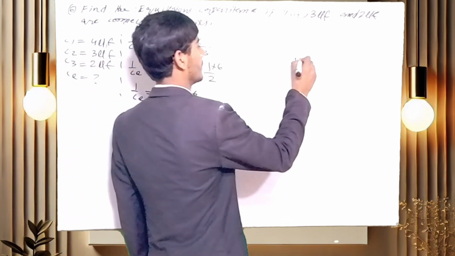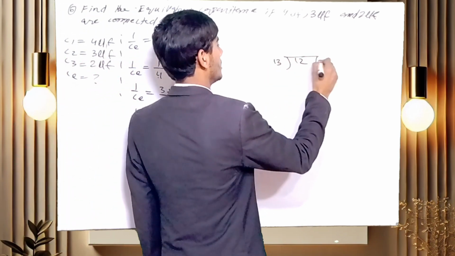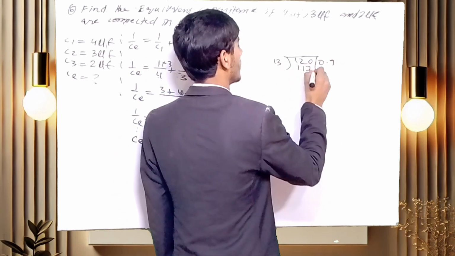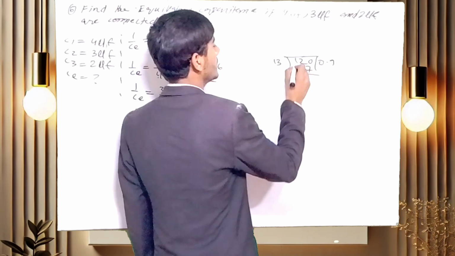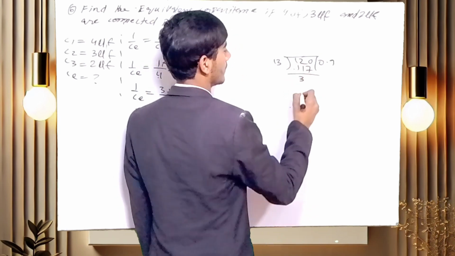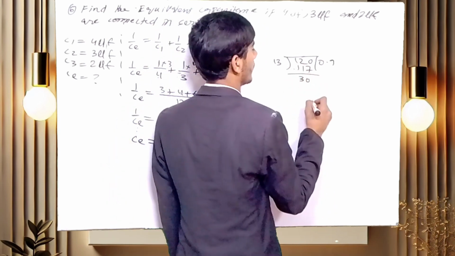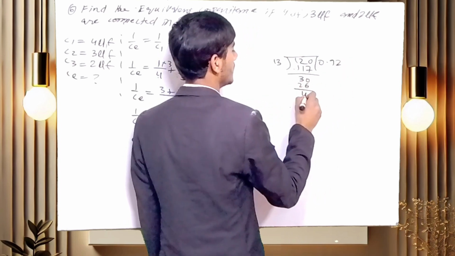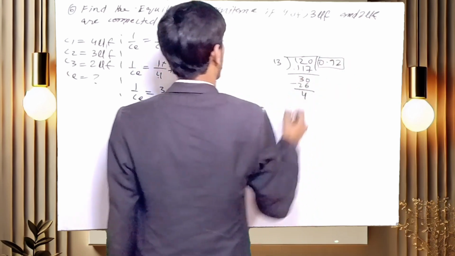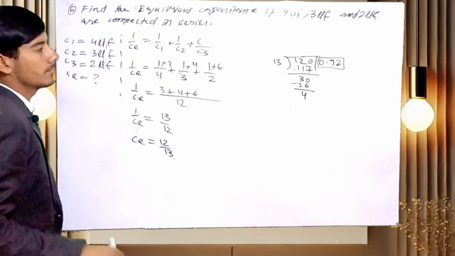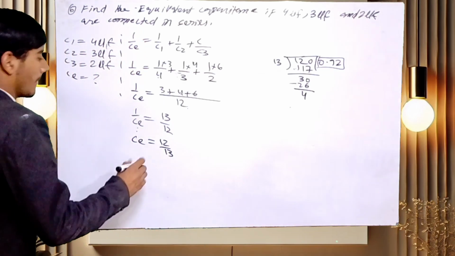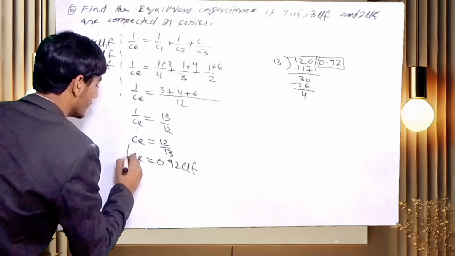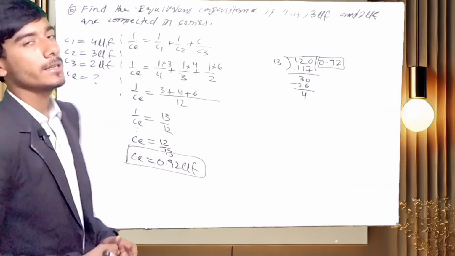Now I am going to divide 12 by 13. 13 nines are 117. 117 subtracted from 120 gives 3. Adding a zero, 13 twos are 26, the answer is 4. I am not simplifying further, the answer is 0.92. CE is equal to 0.92 microfarad. It is the equivalent capacitance.